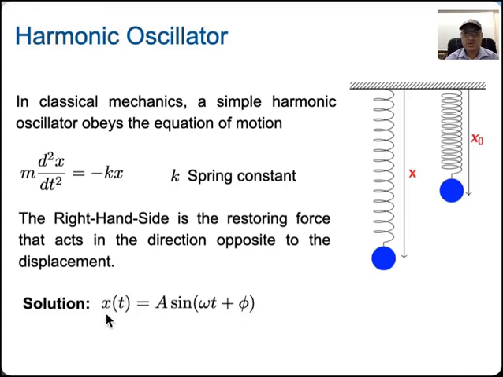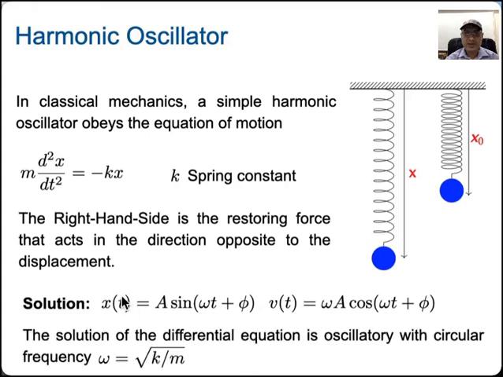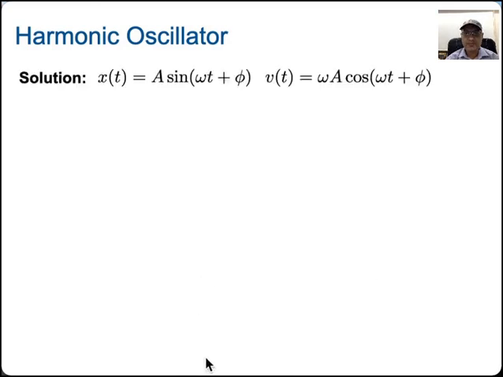Once you know the displacement, you can also obtain the expression for the velocity, which is the first derivative of x with respect to t. The solution of this differential equation in classical physics is oscillatory in nature, with an angular frequency omega, where omega is the square root of k over m.